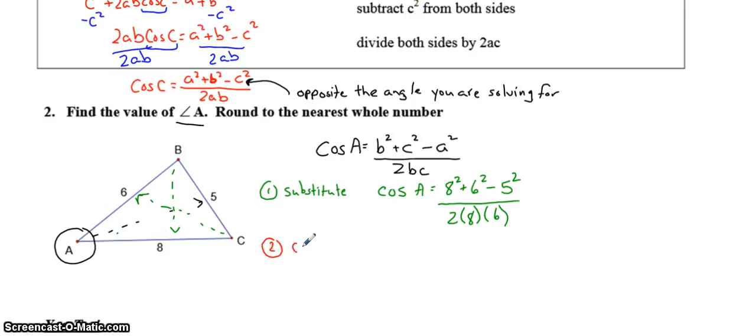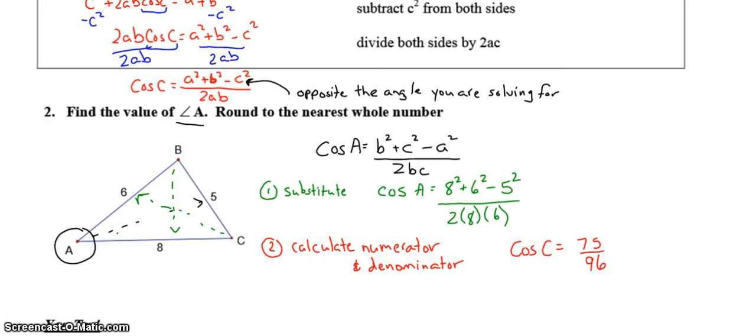Second step is you're going to calculate the numerator and denominator. So the numerator, 8 squared plus 6 squared minus 5 squared, is equal to 75. 2 times 8 times 6 is equal to 96.